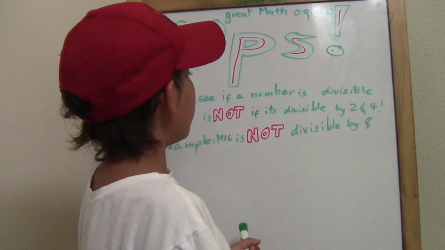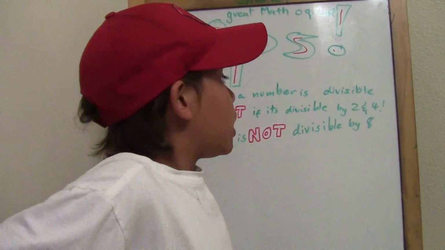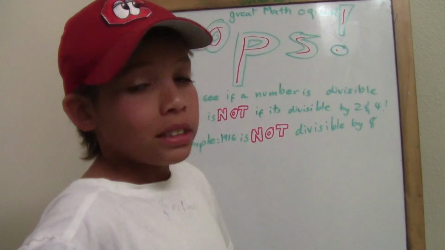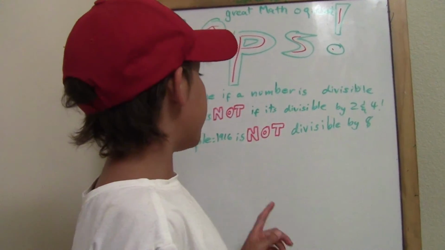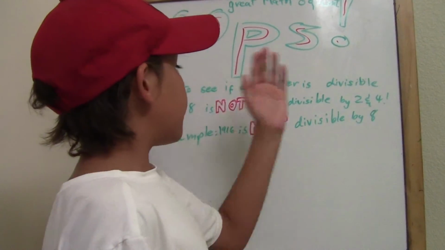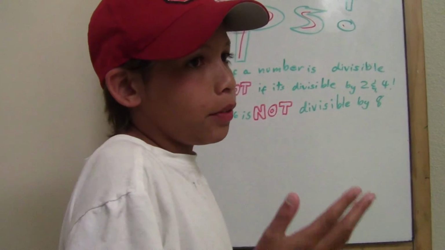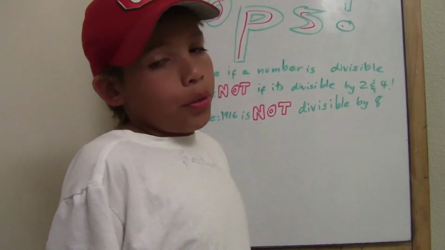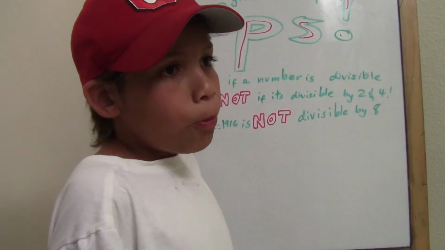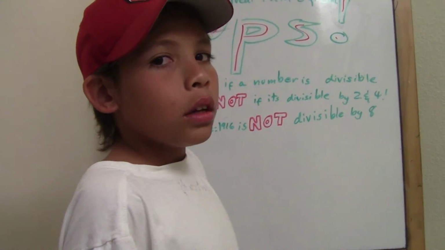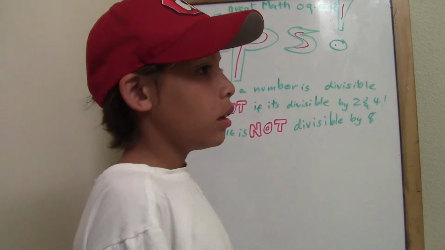Now you're probably thinking it's the same thing for 6, because it's 2 other numbers. We already know that to find if a number is divisible by 8, it can't just be divisible by 2 and 4. Well, for 6, it's different. You can check all through the list.